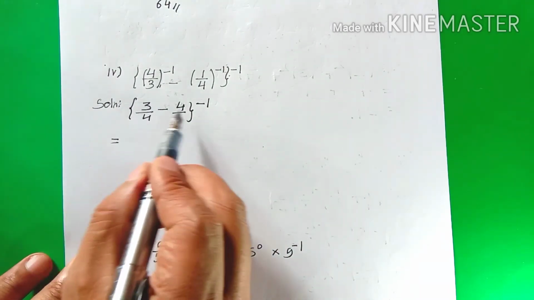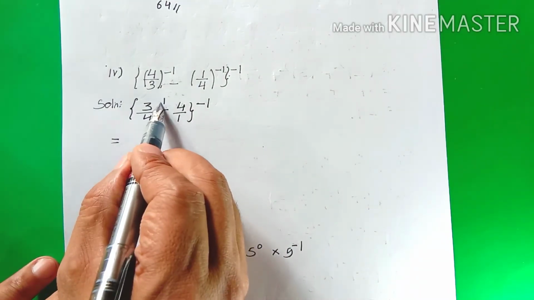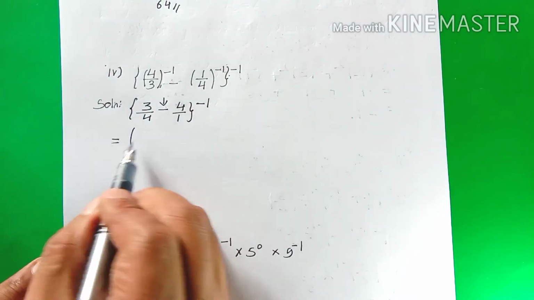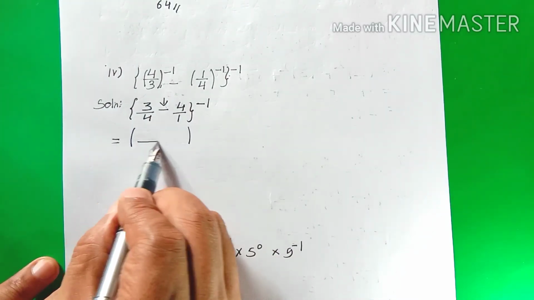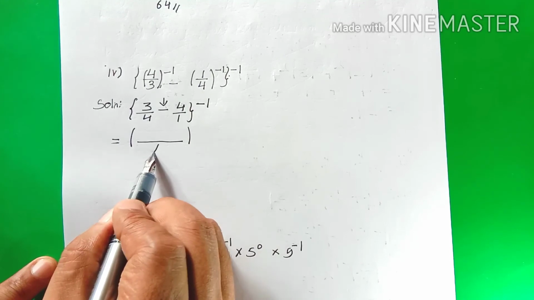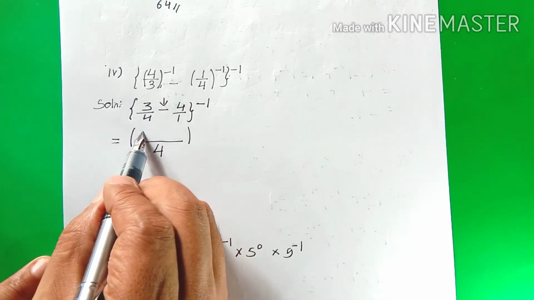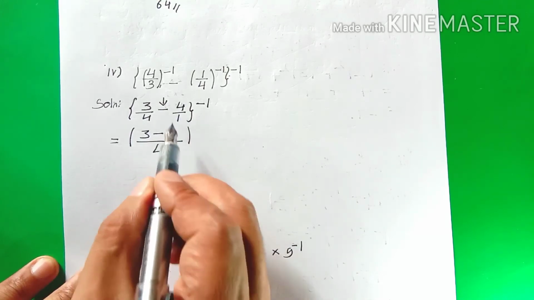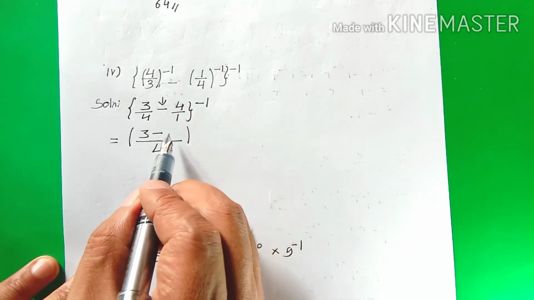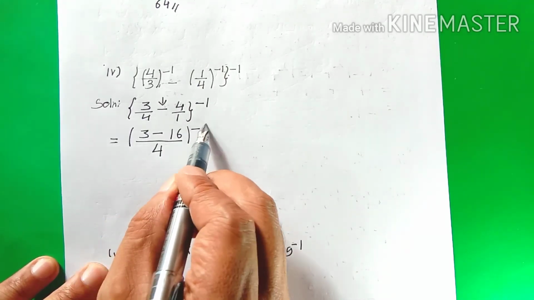Now between these two fractions we get here a minus sign, which means you'll have to take here LCM. The LCM of 4 and 1 is 4. So 4 into 1, so 1 into 3 will be 3, minus again here 1 into how many? 4. 4 into 4 will be 16, raised to minus 1.